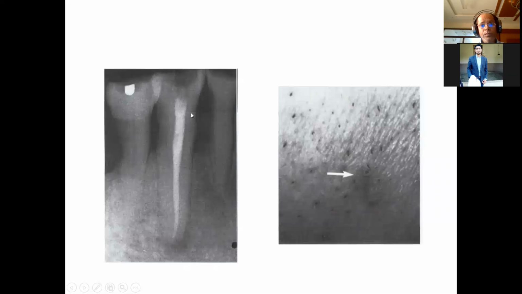When you do the root canal treatment, you can see healing of the periapical area and healing of the sinus as well. So this is how you can treat the periradicular diseases as well, which are actually initiated by the pulpal infections.